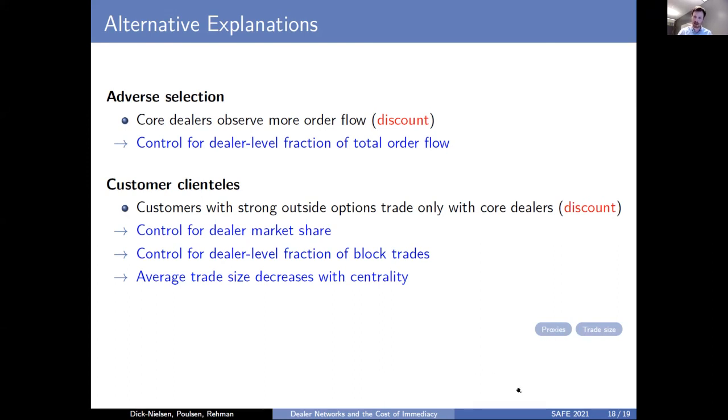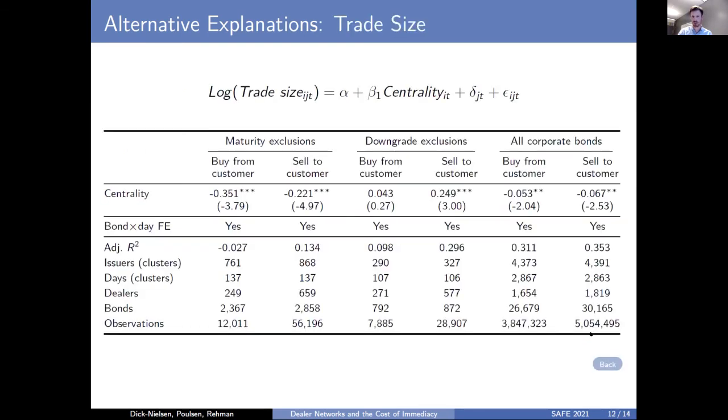We actually find exactly the opposite in the data. So for institutional size trades, we find that core dealers on average actually trade in smaller sizes compared to the peripheral dealers. Despite the fact that core dealers do provide more immediacy in aggregate, the average trade size decreases with centrality, both for maturity exclusions and also in the corporate bond sample.